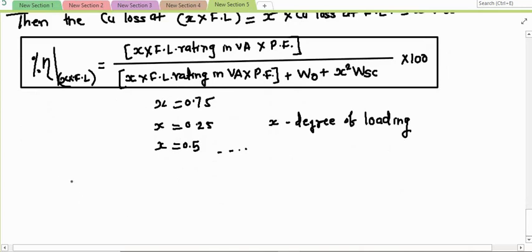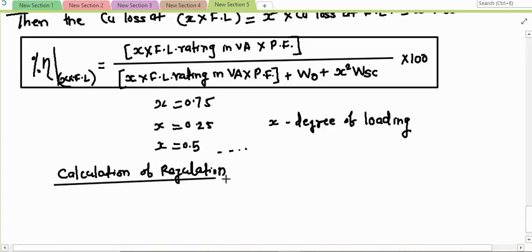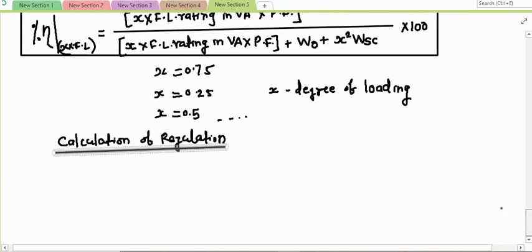Then calculation of the regulation. As we have referred the equivalent circuit to the primary side, we can use the formula directly. Percentage regulation, this we have seen in the last lecture.